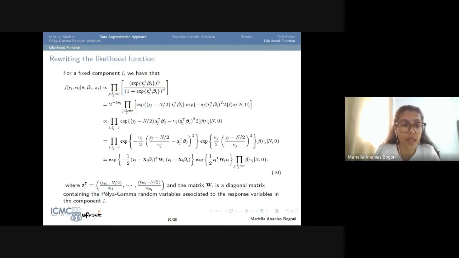Fixing the component I, we have that the likelihood function is given by this expression. And once we apply the theorem here and do some calculations, we obtain equation 10.